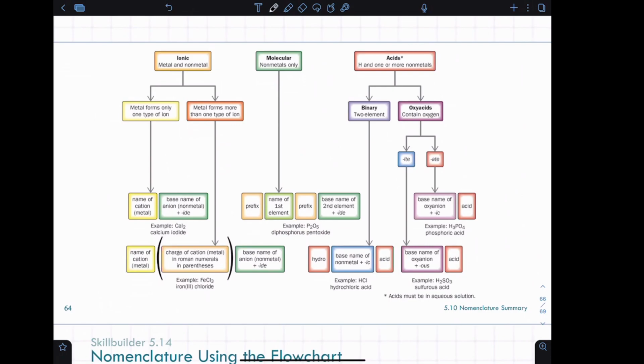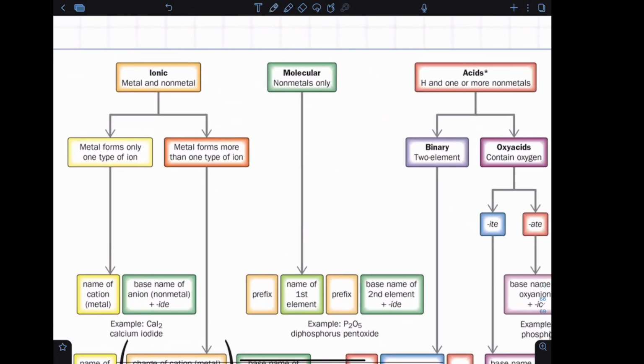So if you're given a compound and you can identify whether it's ionic, molecular, or an acid, then you can work through this flow chart. For ionic compounds, you also have to know if it's going to have one or more type of ion. So if it only forms one type of ion, then you write the name of the cation, and then the base name of the anion, plus IDE.